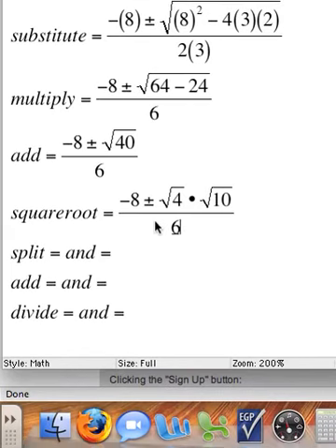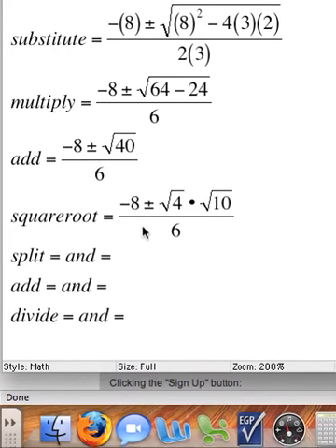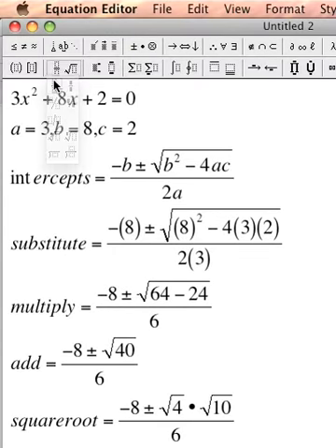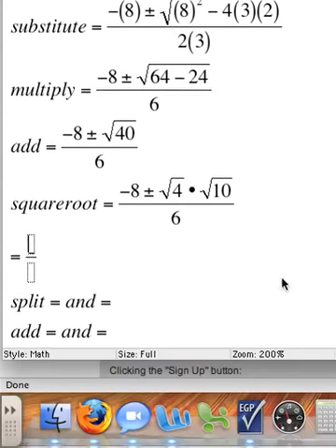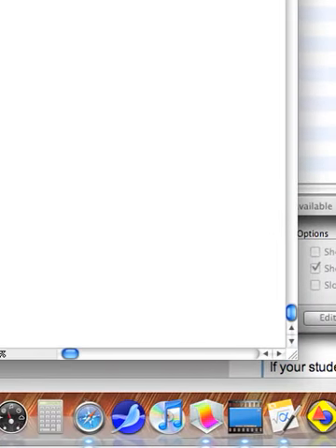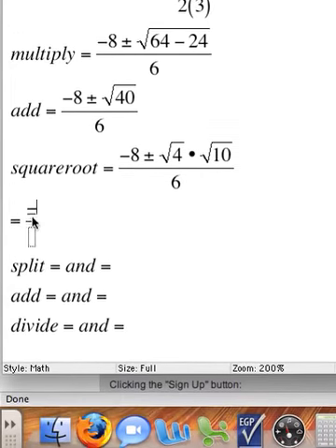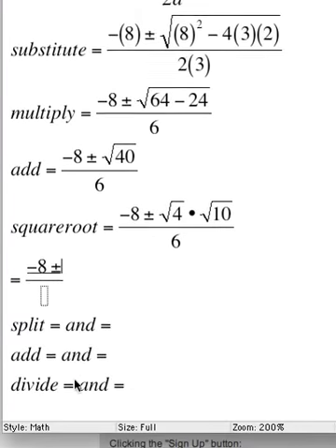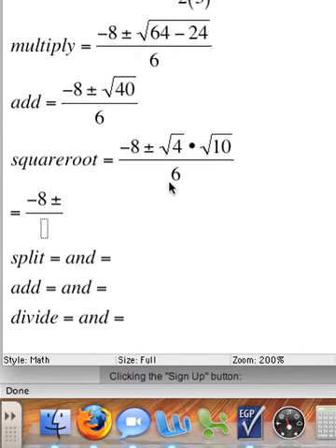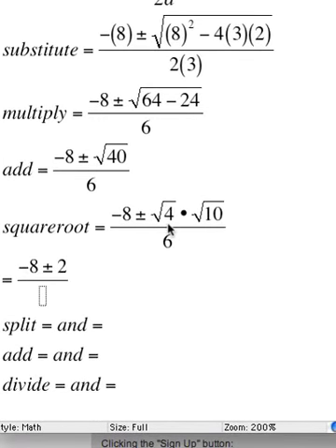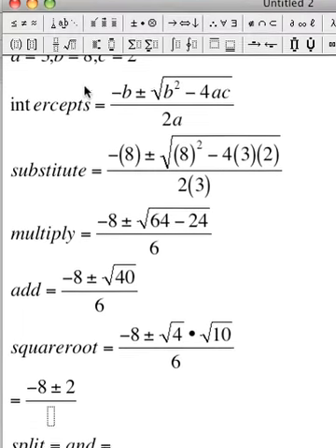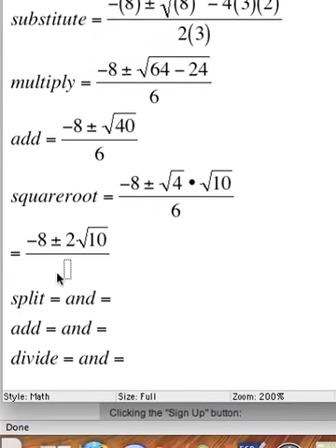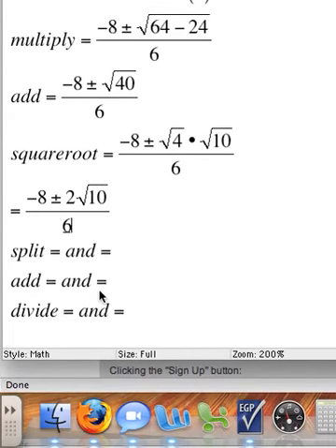Now, what's going to happen here is this is going to be equal to, so I need to add a small extra step here, negative 8 plus and minus. Now the square root of 4 is 2. And the square root of 10 is just the square root of 10, divided by 6.